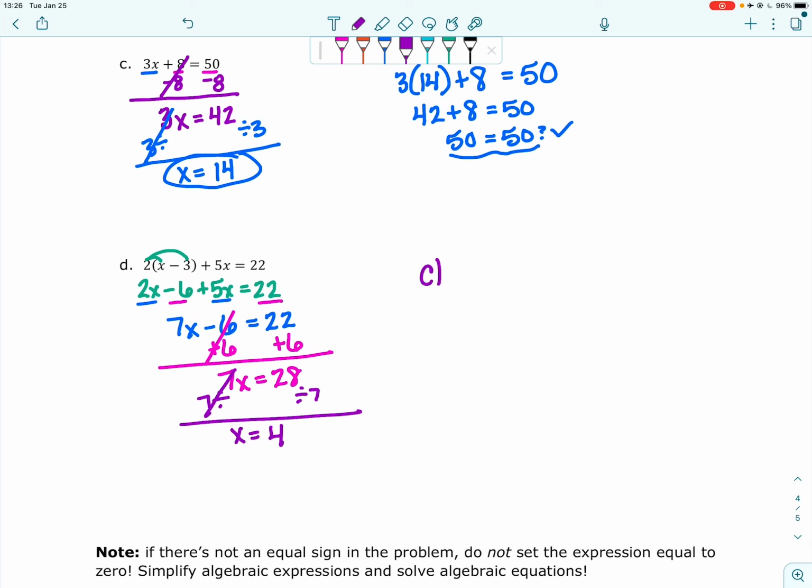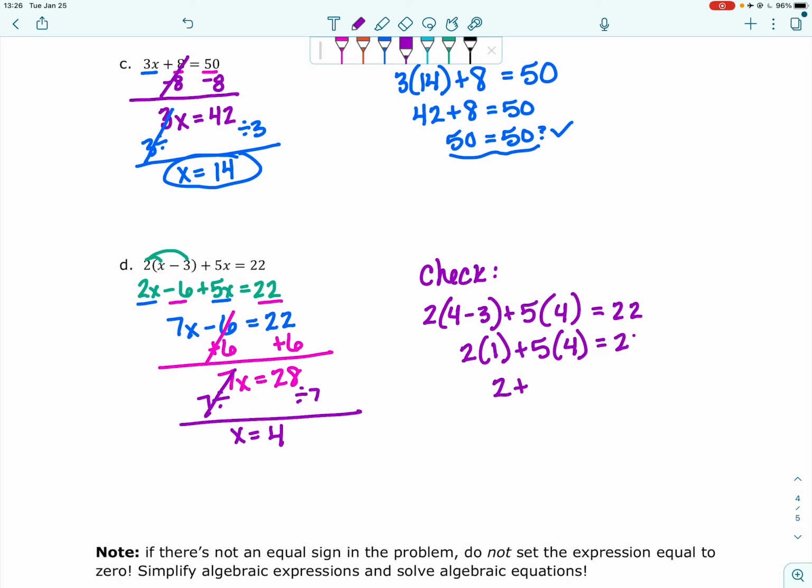And then we're going to check this one. Definitely check this one. Go back to the original one. 2 times 4 minus 3 plus 5 times 4. Is that going to equal 22? So starting with the parentheses, 4 minus 3 is 1, so 2 times 1 is 2, plus 5 times 4 is 20.